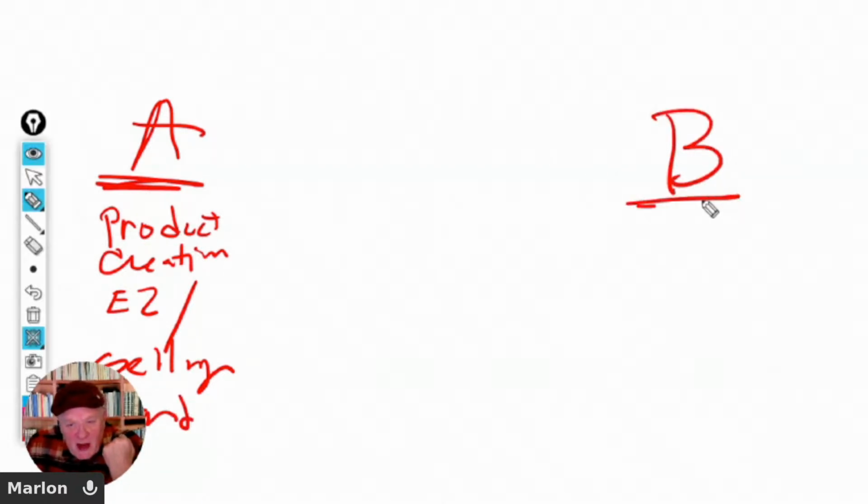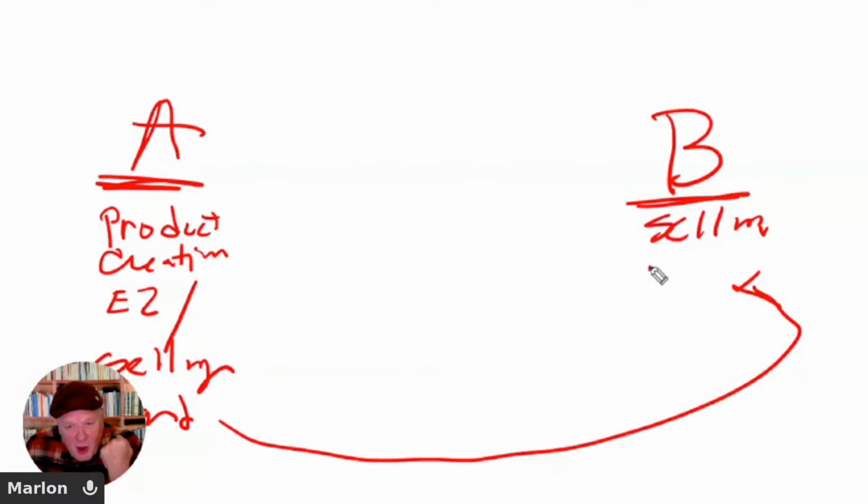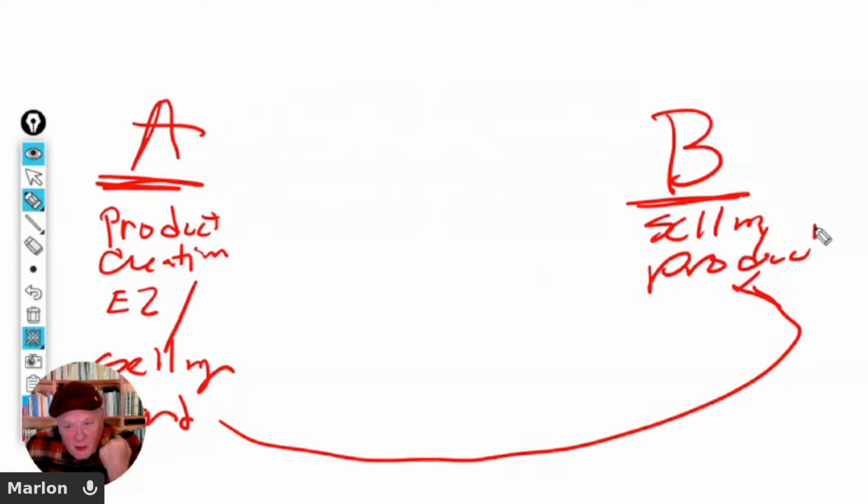Now, state B would be selling products is easy, right? That would be state B.